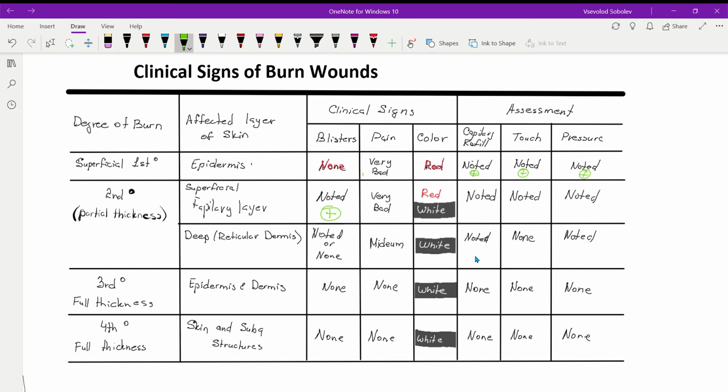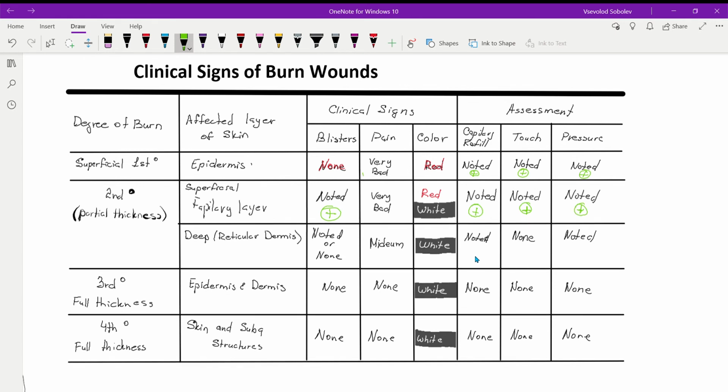Capillary refill, when you press on it, the capillary refill will be present, because the blood vessels are still present. And touch, the nerves are still present. And pressure, they will feel the pressure.